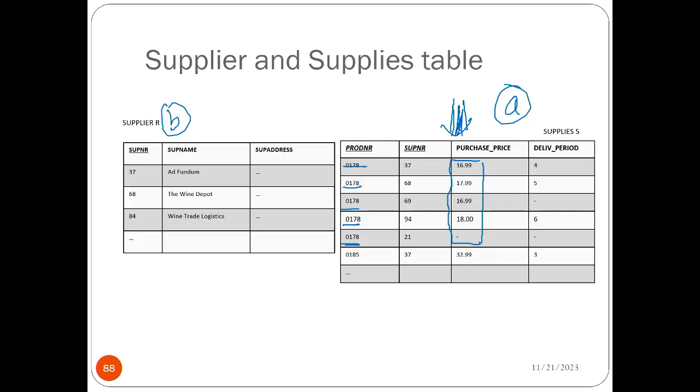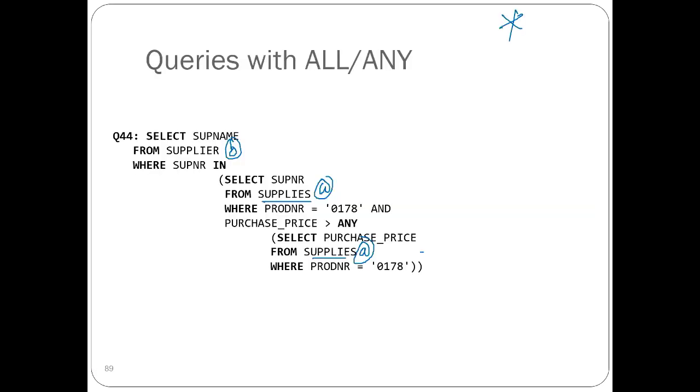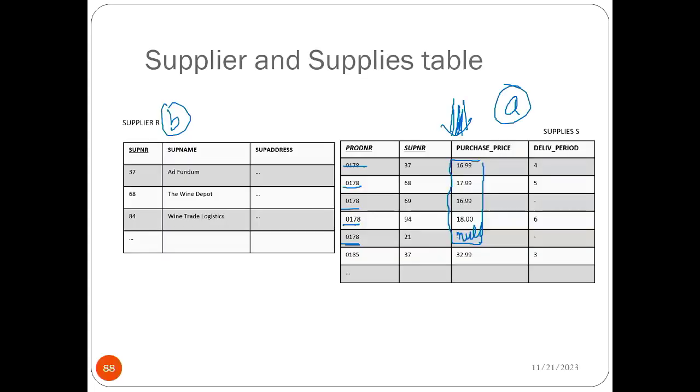Now here nothing has been mentioned which you should treat as null. So your innermost query will select purchase price from supplies A for this product 0178. That value you would see in the next slide, right? In the next slide we have some animation also.